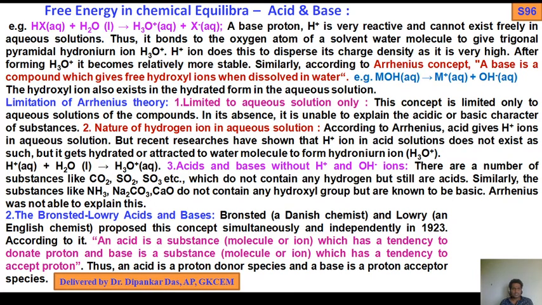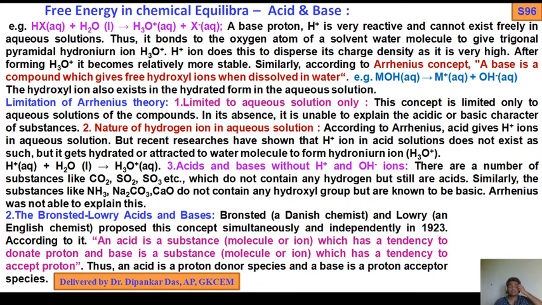There are a number of substances, like carbon dioxide, SO2, SO3, etc., which do not contain any hydrogen but still are acids. This is very important.